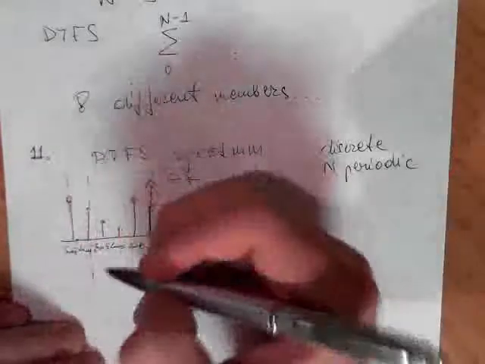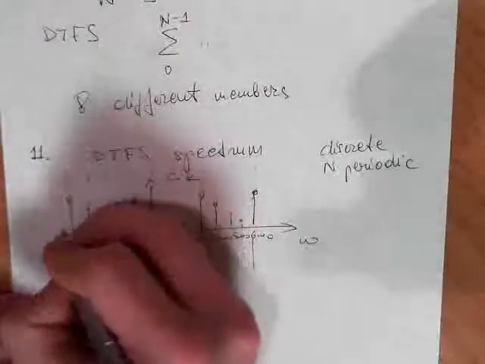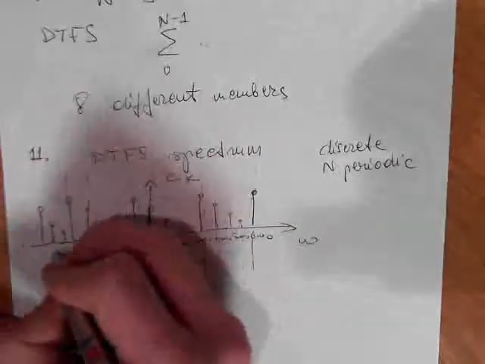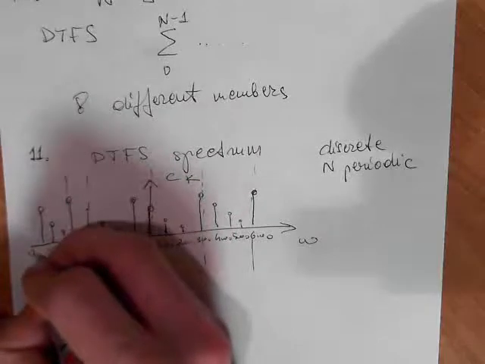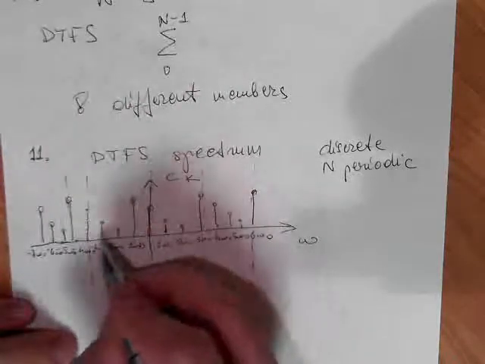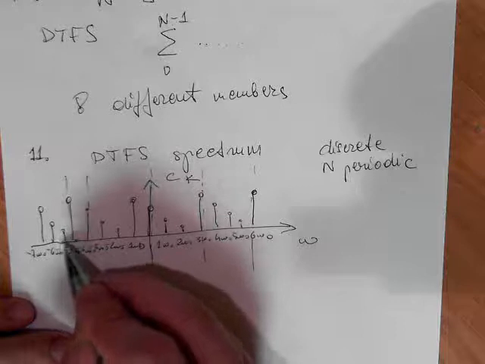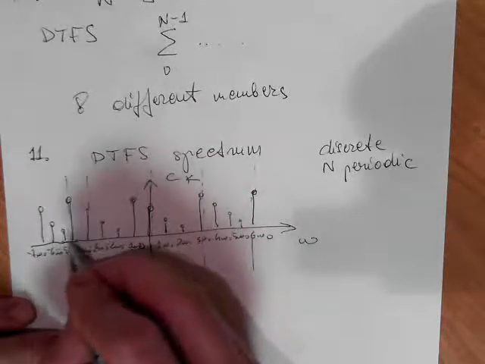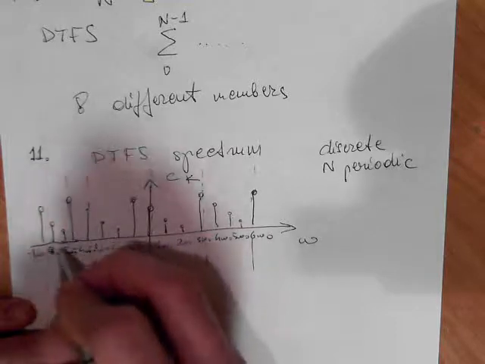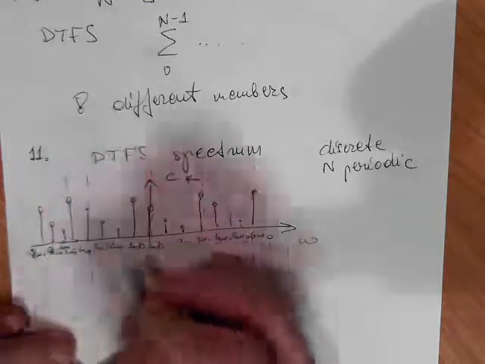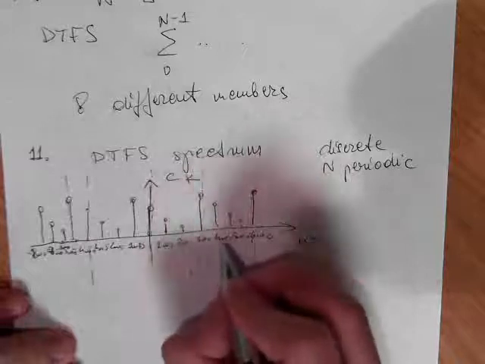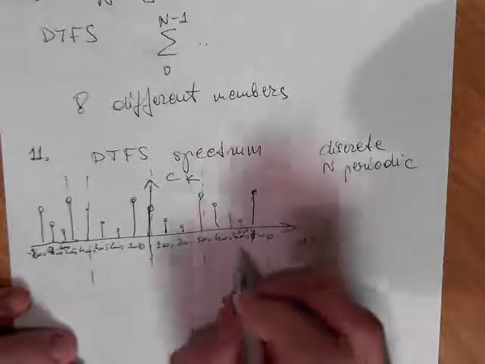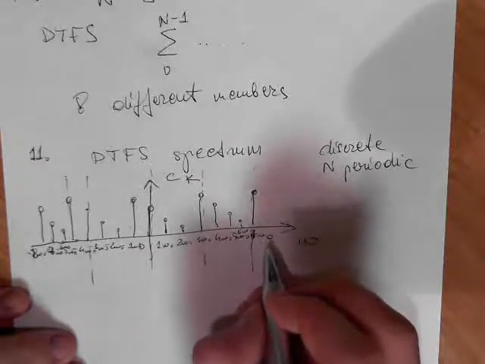So it starts from here, and it should be like this: minus 6 omega 0, minus 7 omega 0, 1, 2, 3, 4, 5, 6, 7.